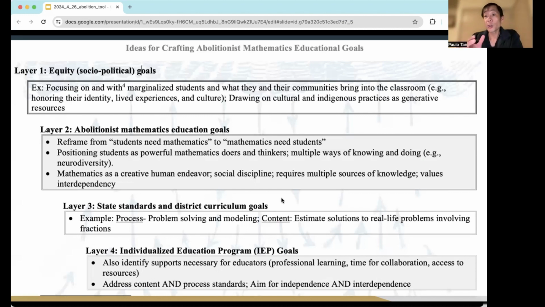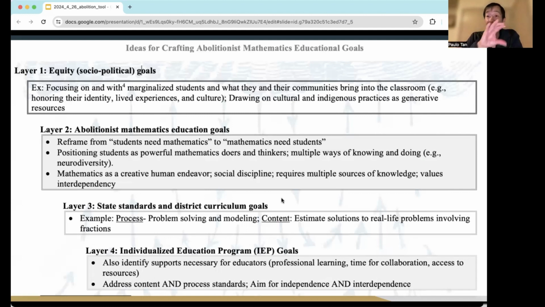So prospective teachers might say, okay, that's the layer one goal I want to go with. The layer one goal component is really just to select the goals, to say, this is what I'm going for, or they may have other ideas.